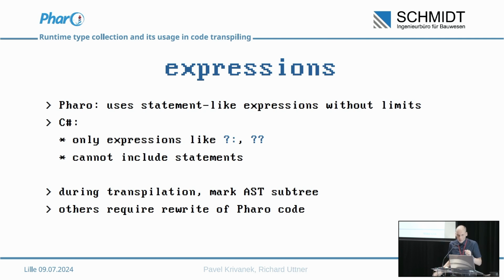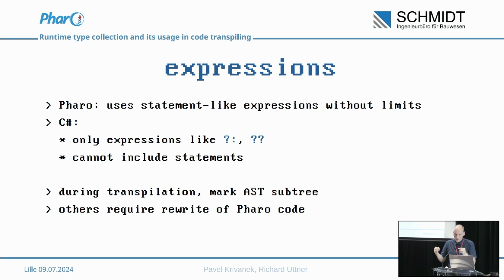For statements like expressions, of course, in Pharo you can have such things like ifTrue, ifFalse inside other expressions, and it's not allowed in C#. You can do that for expression-like statements like null-coalescing or the ternary alternative in C#, but then you need to be sure that you do not embed statements inside those ones.